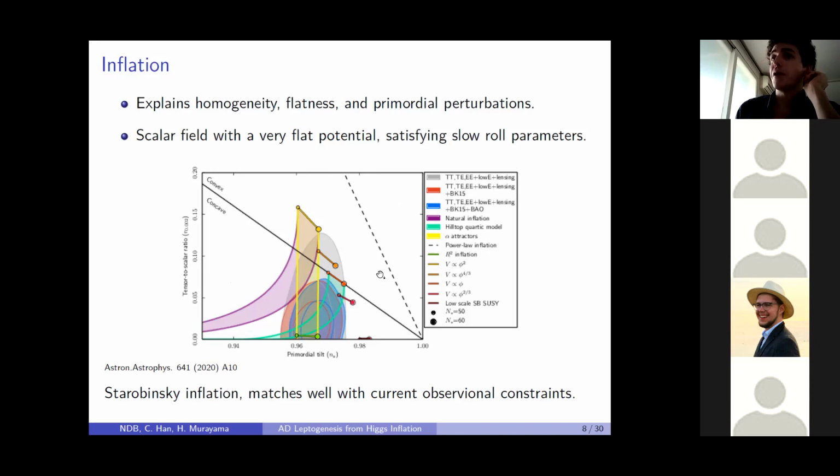The model that we want to consider here in particular is this so-called R-squared inflation or Starobinsky inflation. A very nice component of this is that its predictions lie well within the current inflationary constraints. And so we want to consider a model like this.